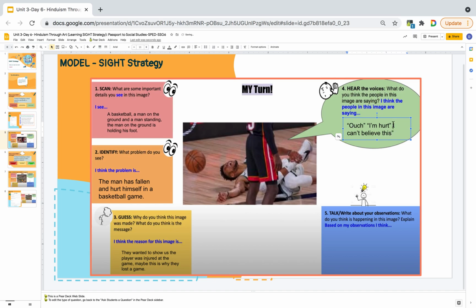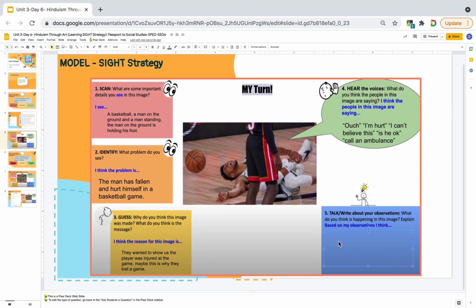These are all things that I think these people are probably saying. Maybe, is he okay? Or, call an ambulance. We want to give the people in this image a voice. We want to be in the moment just as much as the image lets us.